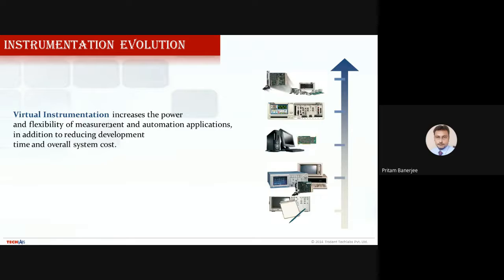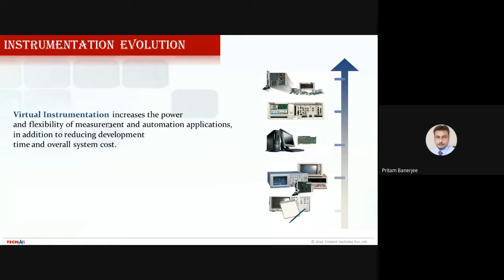Because if you have in your lab a separate multimeter, a separate function generator, a separate oscilloscope, a separate word generator, a separate DC generator, instead of that, National Instruments has different types of data acquisition cards, which act as different instruments as well.